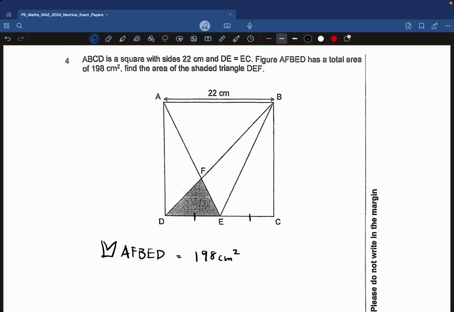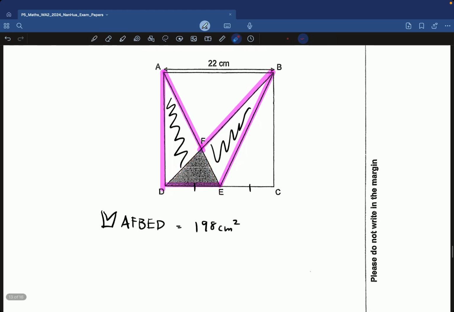This whole thing over here is 198 centimeter square. So if we are able to get this area over here and this area over here, we can get this shaded triangle.